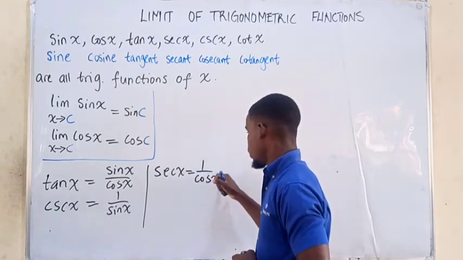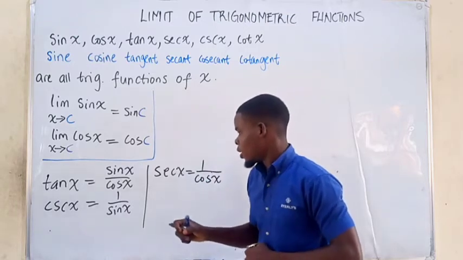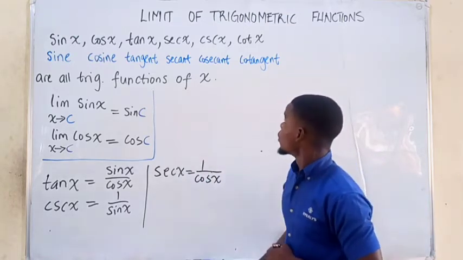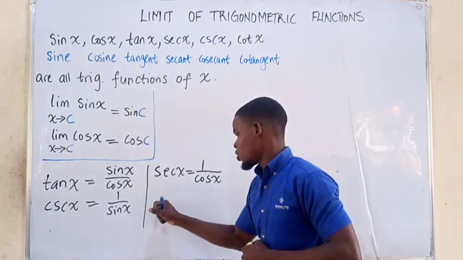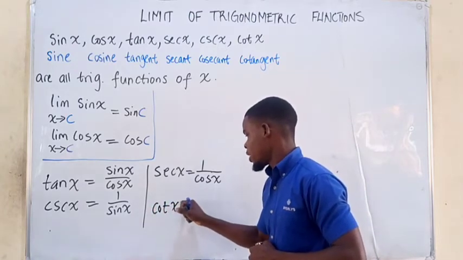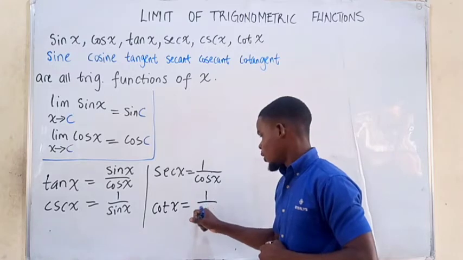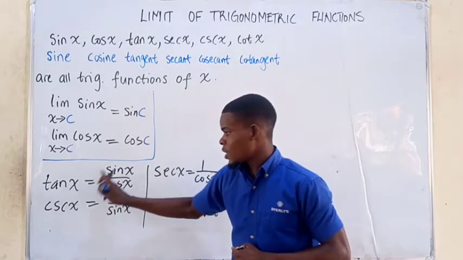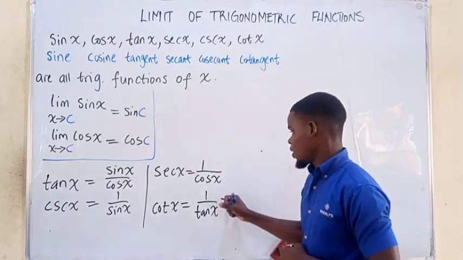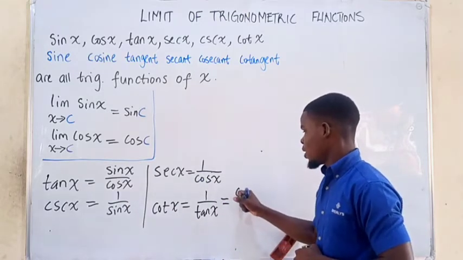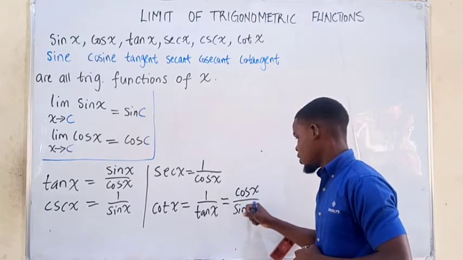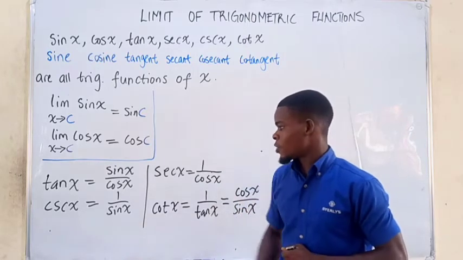So when you have cosine of something, then 1 over that result is going to be secant of that same thing. The last one here is cotangent, which of course is 1 over tangent of x. And you notice that tangent of x is sine x over cosine x. So this tells us that cotangent is going to be cosine of x over sine x, just by inverting this fraction.